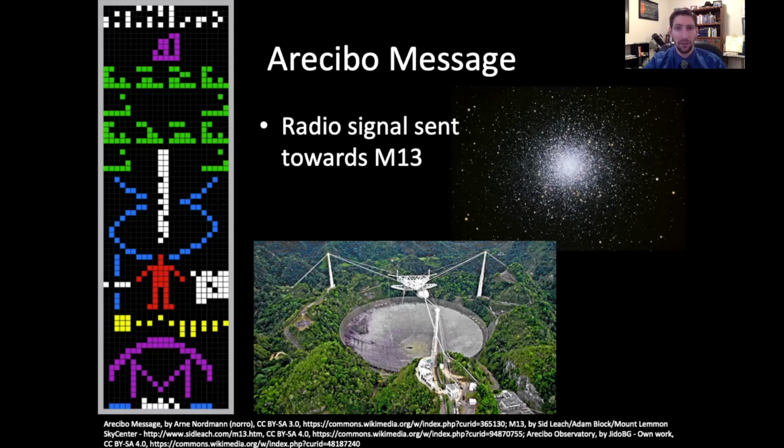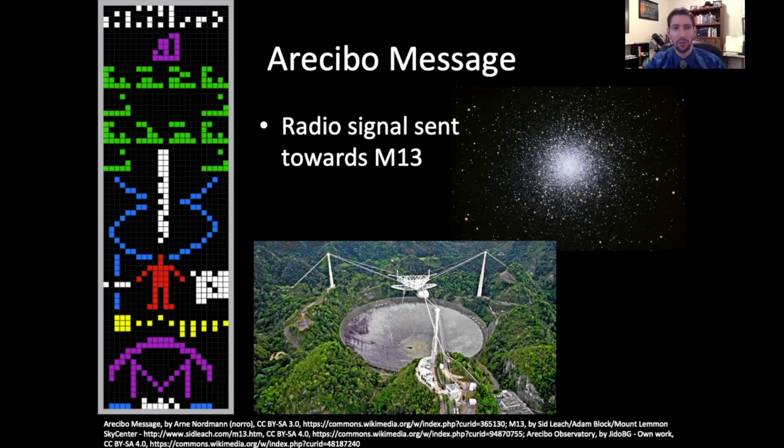The content of the message was designed by Frank Drake, who we'll talk about again soon, with help from Carl Sagan and others. On the left is a representation of the data that we transmitted. Colors have been added to separate the elements of this content.